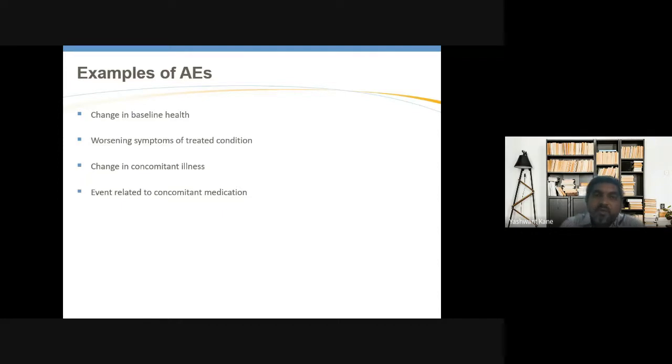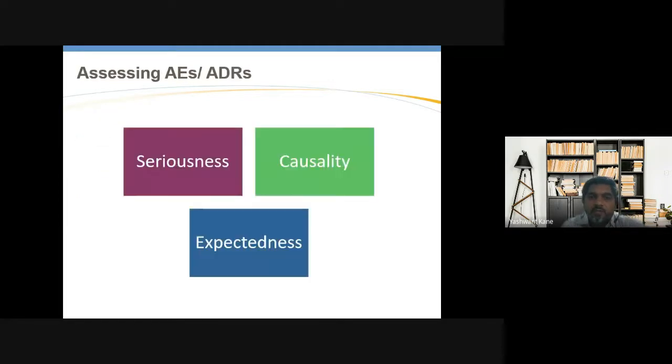Event related to concomitant medication could be: I have taken, suppose, cetirizine and paracetamol together, and I'm feeling sleepy. I'm reporting that my headache is getting worse, but at the same time I'm also feeling sleepy, and that event is related to cetirizine but not to the paracetamol. That's an event related to concomitant medications.